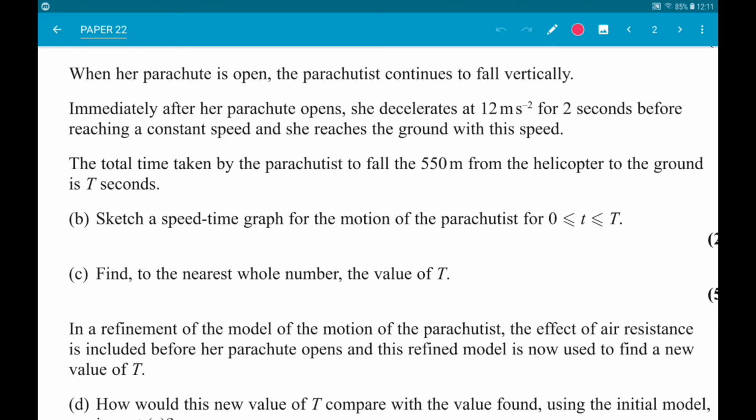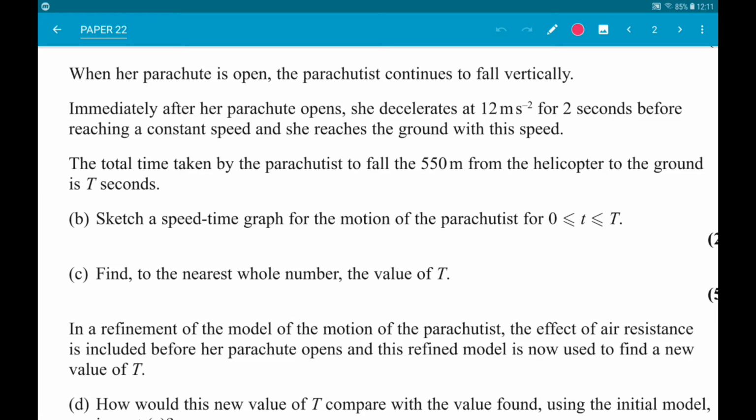The total time she takes to reach the ground from the helicopter is capital T seconds. Part B. Sketch a speed time graph for the motion of the parachutist for t between 0 and capital T.